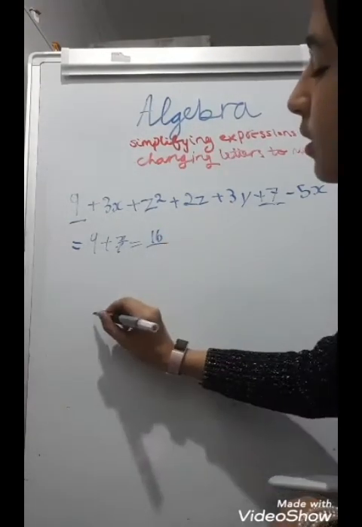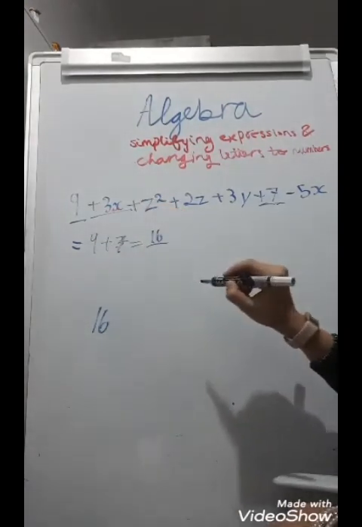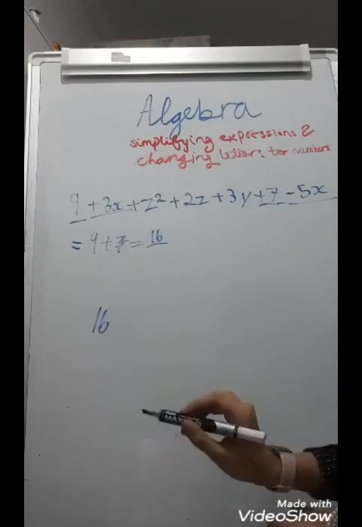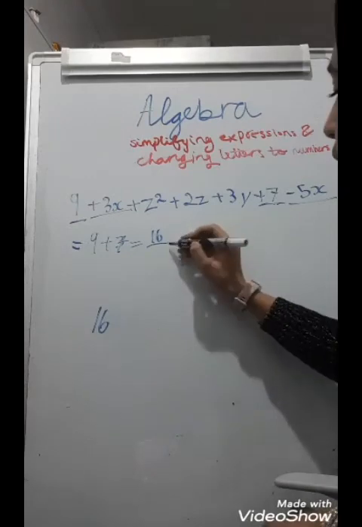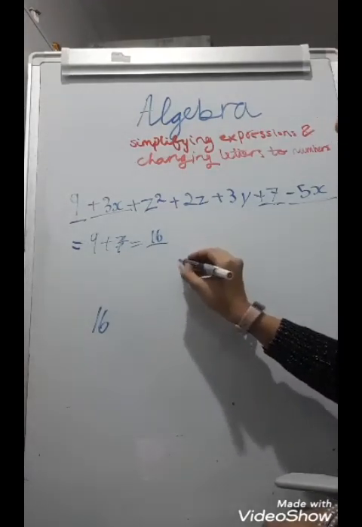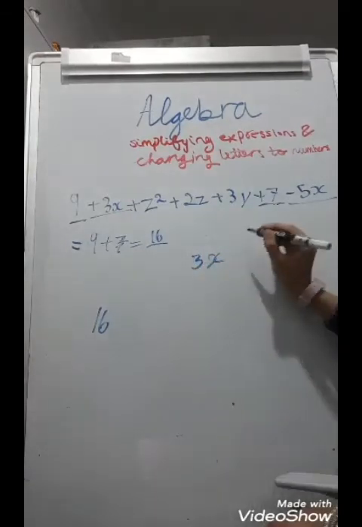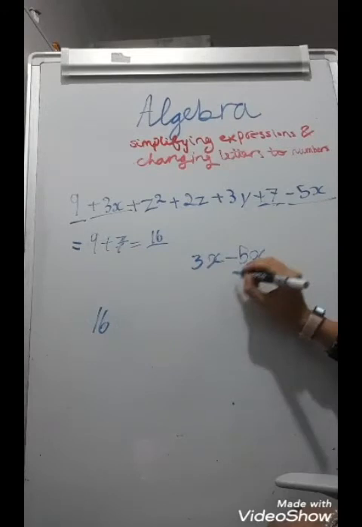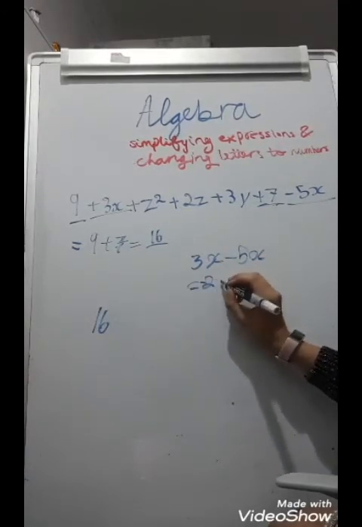We're going to put that on a side. 16, and we've got positive 3x and a negative 5x. Now the positive 3x comes before the negative 5x, that means that we're going to have to put the positive 3x, which we don't need the positive sign, minus the 5x, and that basically means minus 2x.